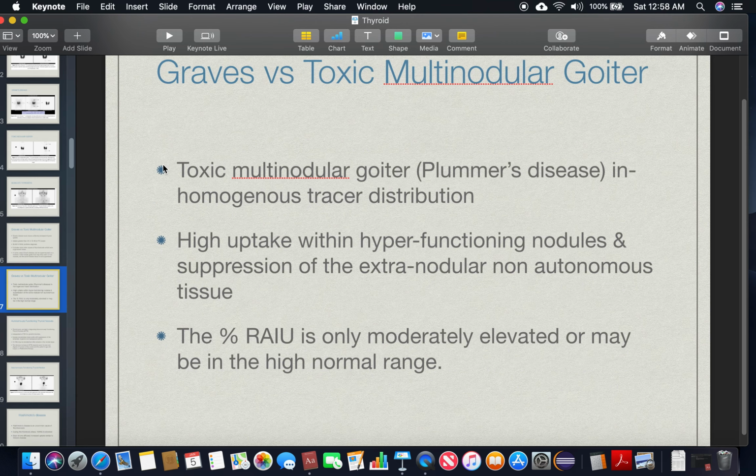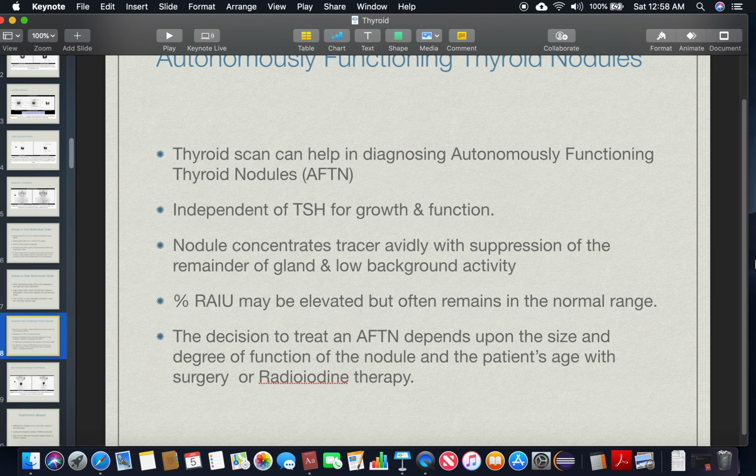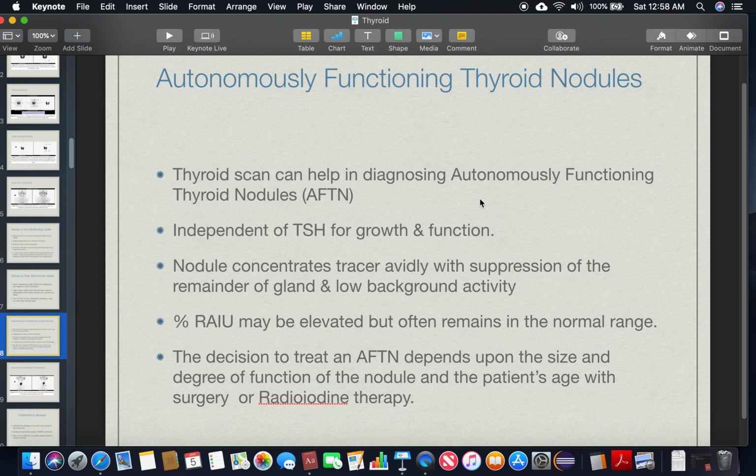All right. In toxic multinodular goiter, or Plummer's disease, you'll find inhomogeneous tracer uptake, with high uptake in the hyperfunctioning nodules, and the rest of the gland would be suppressed. The uptake values are moderately elevated or maybe in the high normal range. Now, what about the autonomous functioning thyroid nodule?